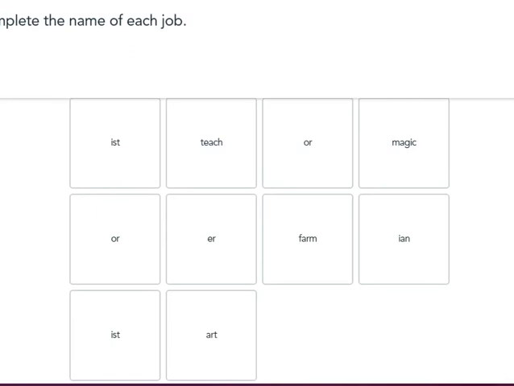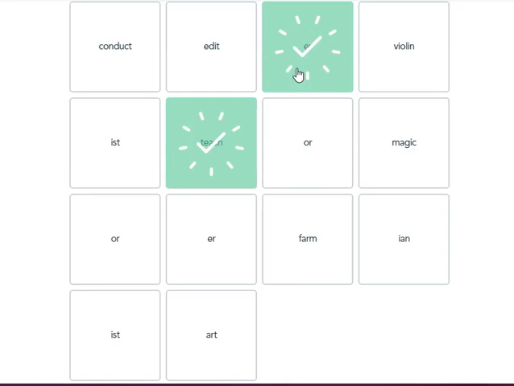Now we are going to match each suffix to the name of the job. I know that teach becomes a job, teacher.